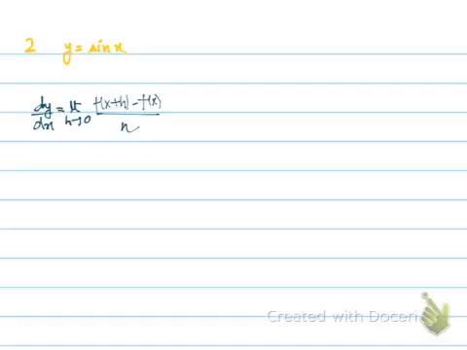Now let us put the function here. So limit h tends to 0 of sine of x plus h minus sine x over h. Now I apply the sine formula here.